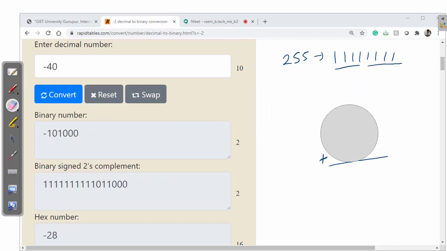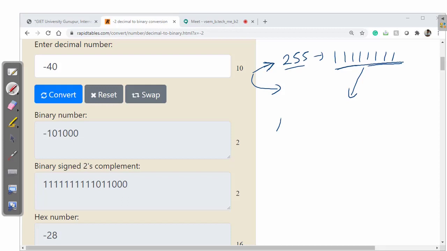Listen to me. Whenever any number is given, it is converted into zeros and ones. So if I have the number 255, it is converted into this. Now the sign flag will not observe this.